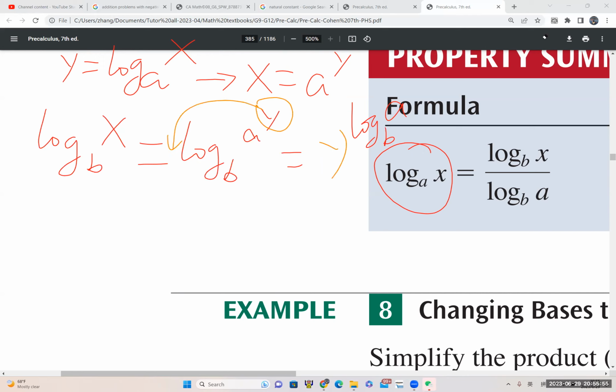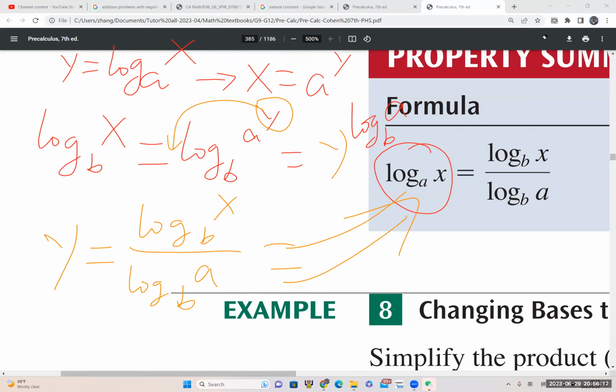So we have y multiplied by this. Then we have y equal to log b of x over log b of a. Then who is y? y is just this, right? Then we proved it in a general way.